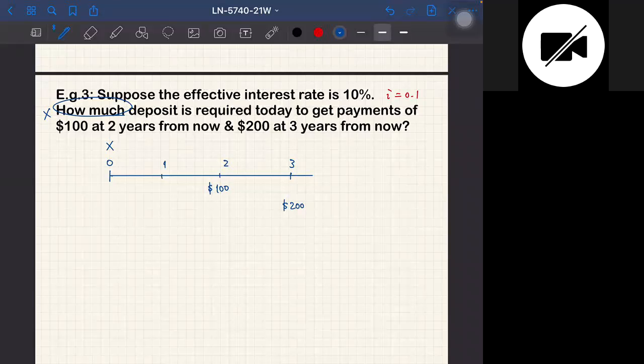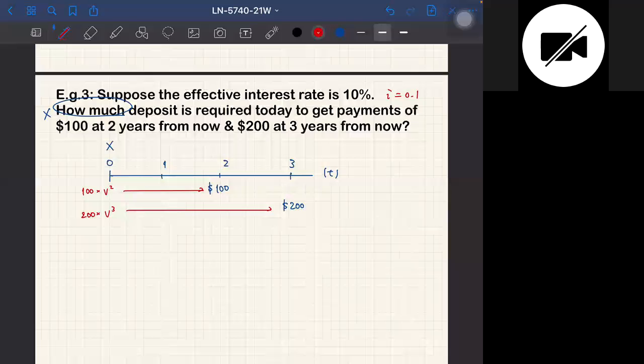So to receive $100 at time 2, we need 100 times V squared at time 0. And to get $200 at time 3, we should have 200 times V cubed at time 0.